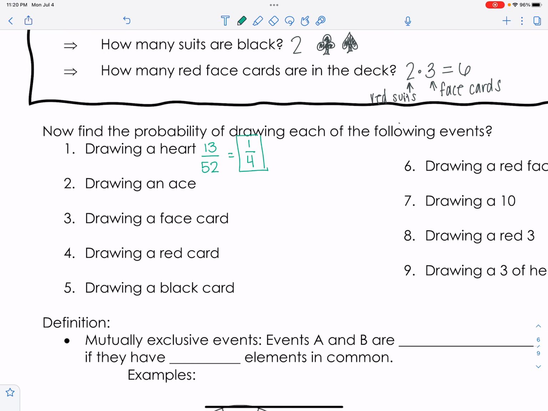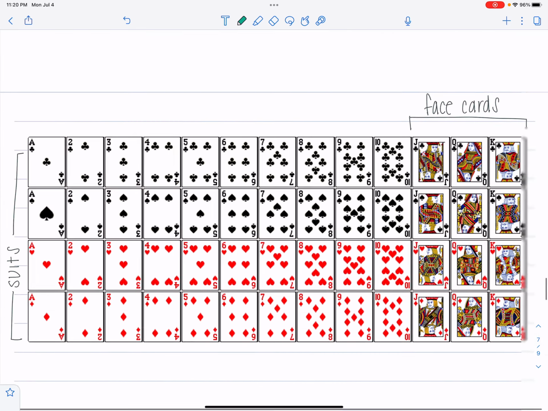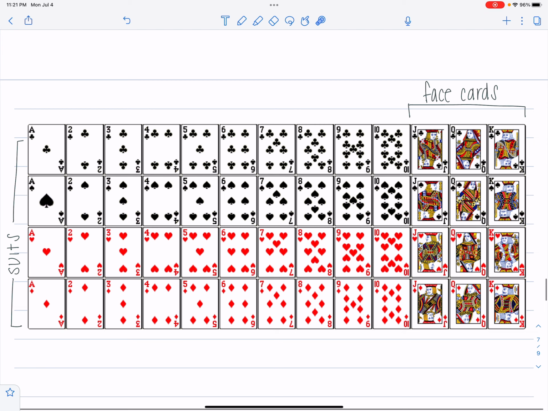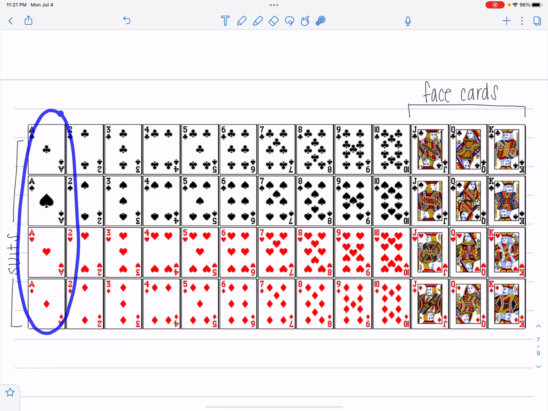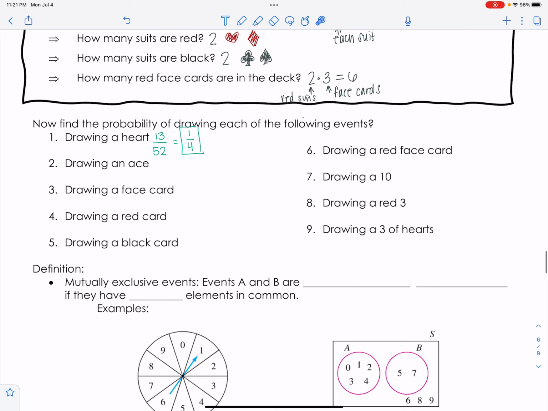Drawing an ace. When I look back at my chart, the total possible aces, there are 4 of them out of a total of 52. And so that's going to reduce down to 1 out of 13.